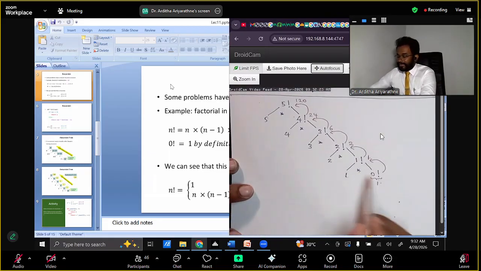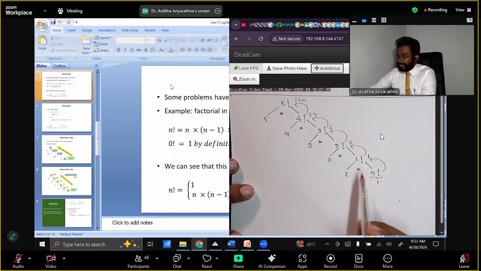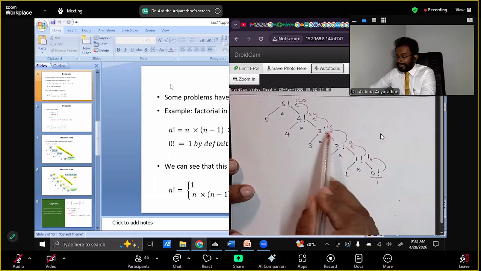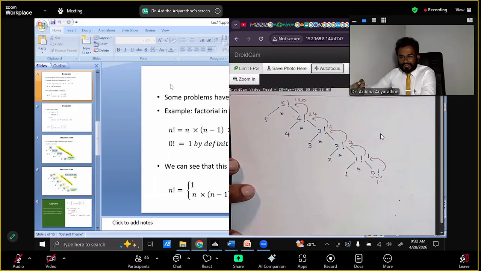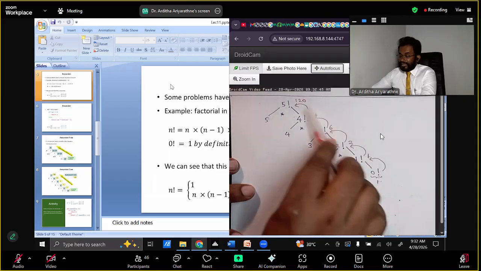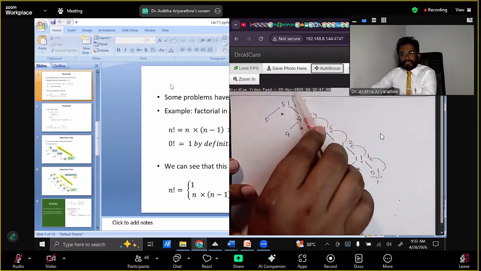We are coming to the basic level, and the multiplications are not very complex. Here, 1 multiplied by 1, 2 multiplied by 1, 3 multiplied by 2, then 4 multiplied by 6. Always we have to multiply only 2 numbers. It's very basic. But finally, we are getting the answer for the complex problem.